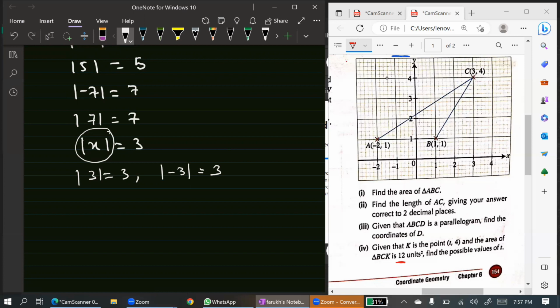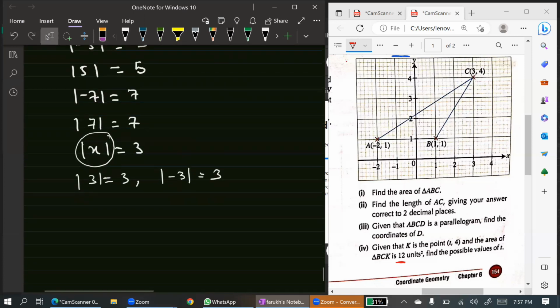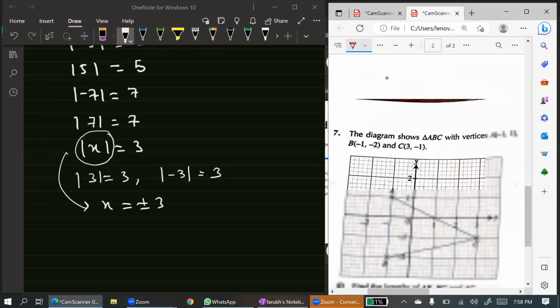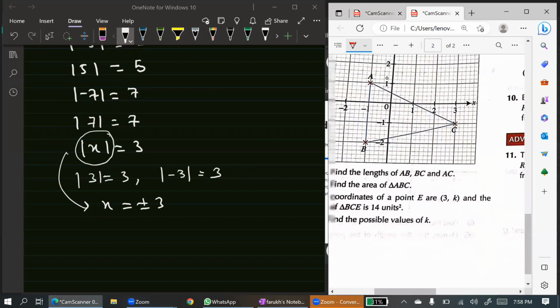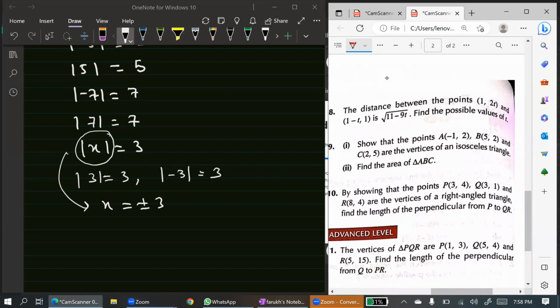We can replace x with 3, then the distance of 3 from 0 is 3, and we can replace x with minus 3 and the absolute value is also 3. So when we remove this modulus sign, we will put a plus minus sign on one side and get the values of the unknown.